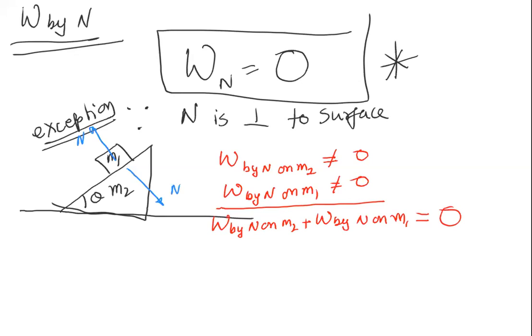Right? So it turns out that work done by normal reaction on a system of particles is always zero.